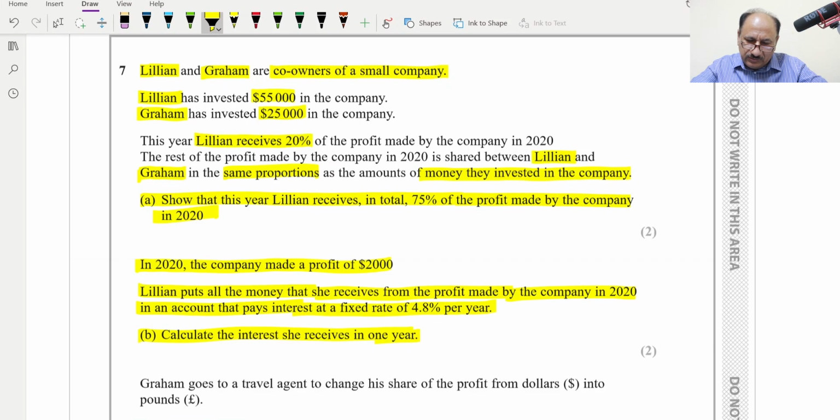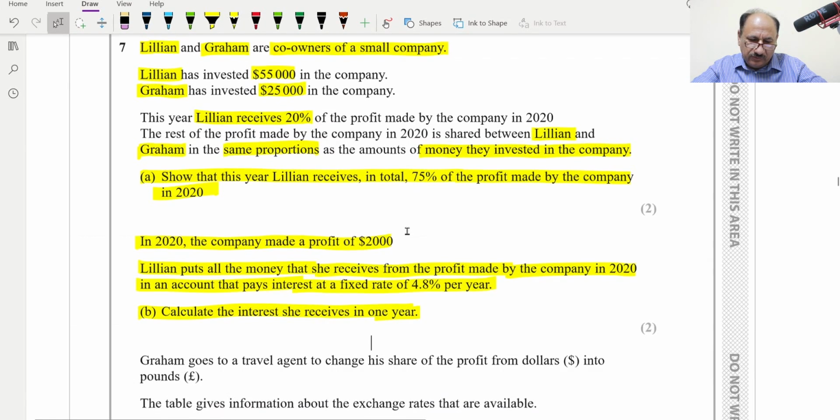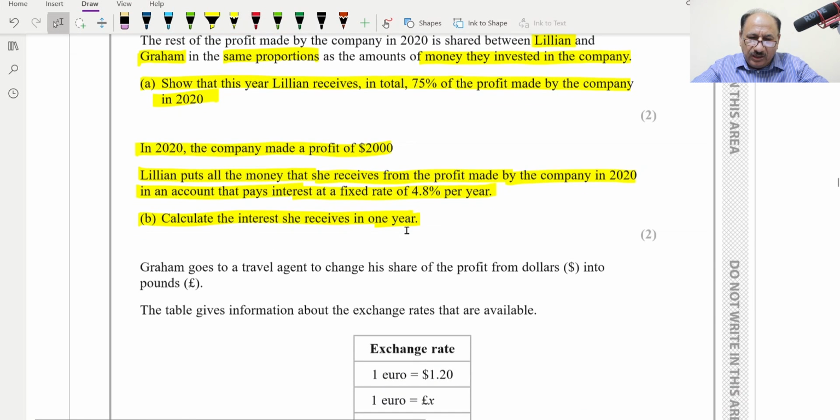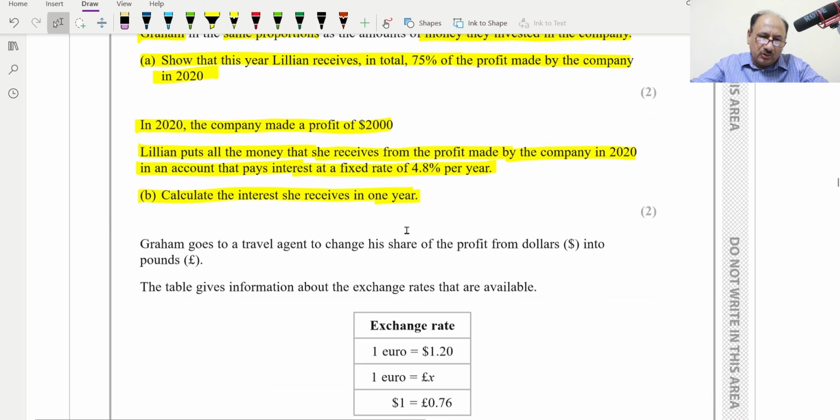So out of $2,000, Lillian will be receiving 75%.